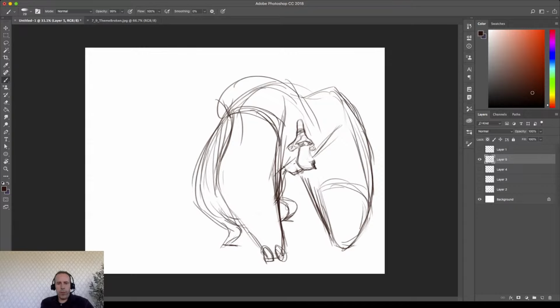I like the sort of rhinoceros elephant foot thing going on this side, so we're going to try and keep that. And on this side, I was thinking bear claws is kind of what was going on there. We'll make them kind of soft, friendly bear claws, not too, still dangerous, but again, kind of pushing on that friend versus foe thing. I think it can be a little bit crazier.